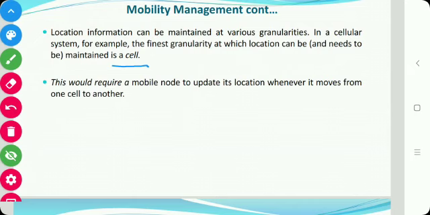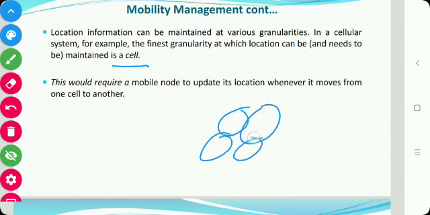However, if the location information is maintained at a coarser granularity, for example an area consisting of several cells, then the search cost is increased because a large number of cells need to be paged to obtain the exact location of the mobile node.